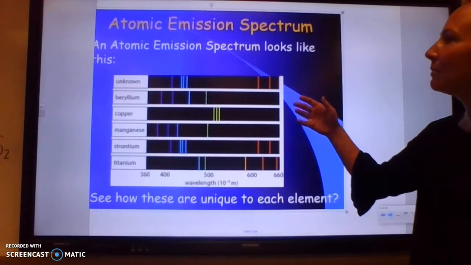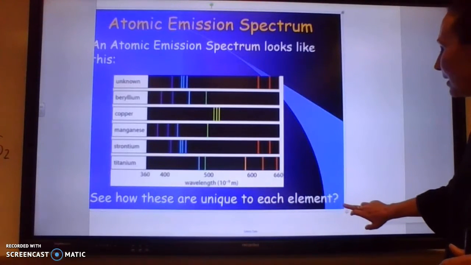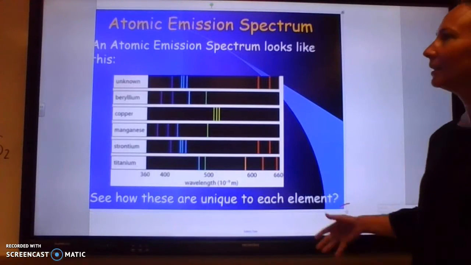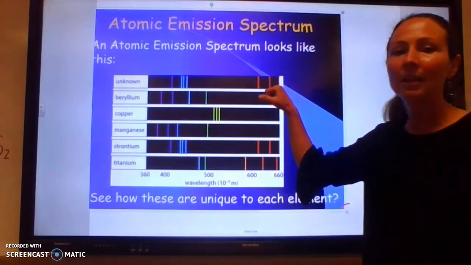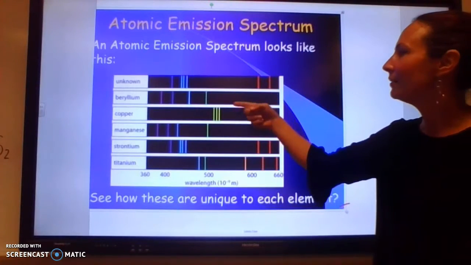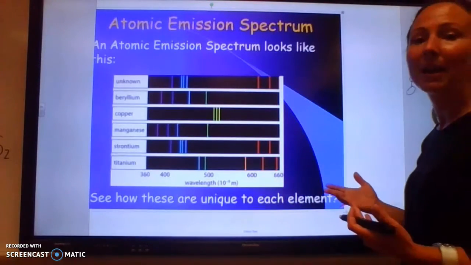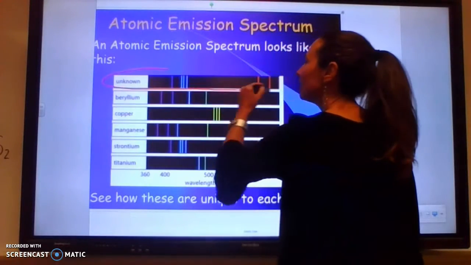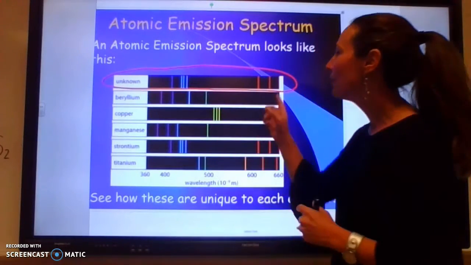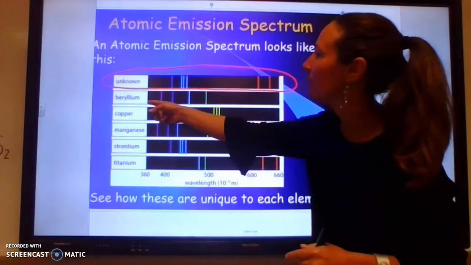So here's an atomic emission spectra. You have some unknown chemical here, and then you have different known substances with their own bands of light. And if we were to take this unknown right here, this one on top, and we were to find something with those same exact bands and tried to match it up with either beryllium.